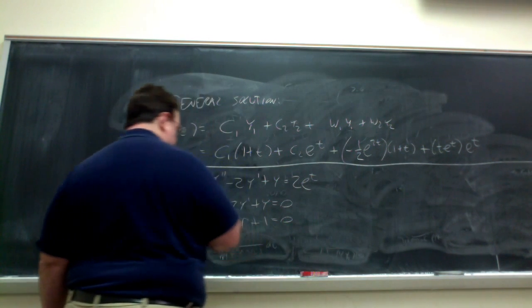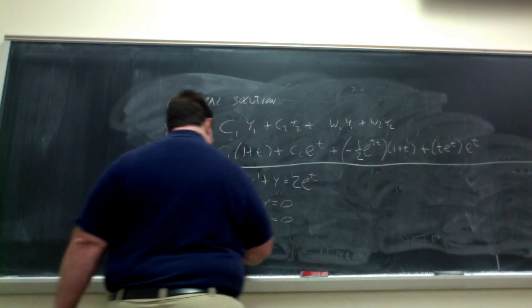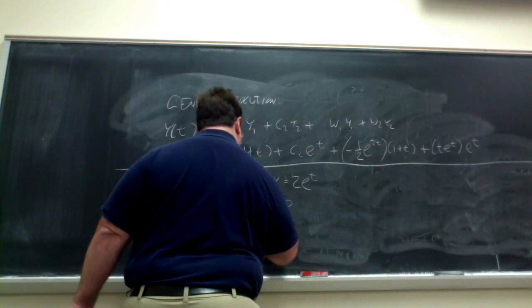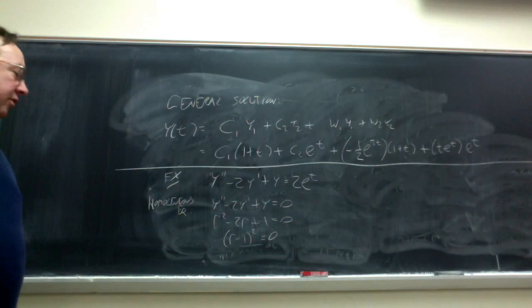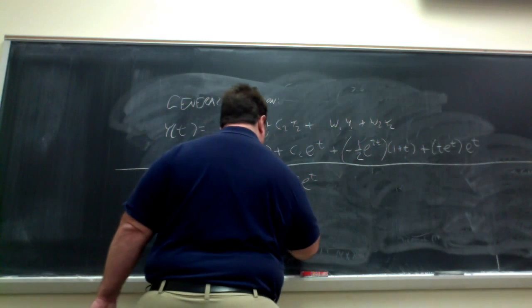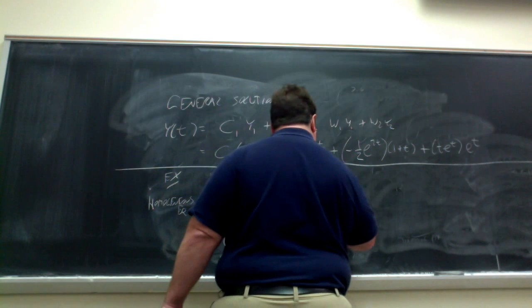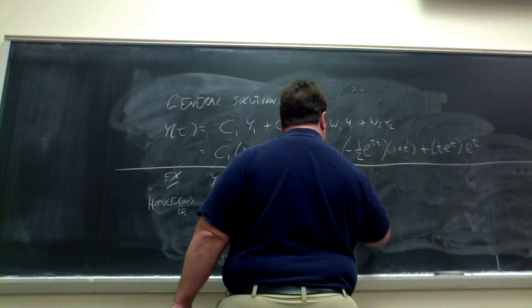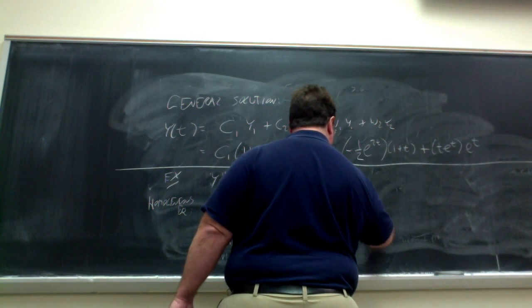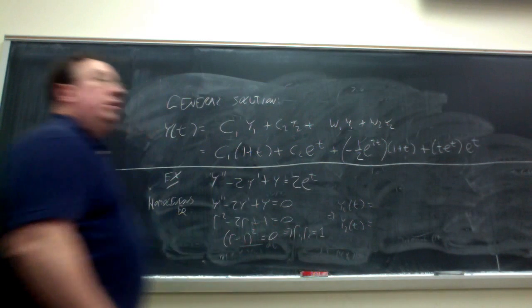How does this factor? All right, so that is a perfect square. So we have a double root. So r1 and r2 are both equal to 1. So therefore, what are your y1 and y2?